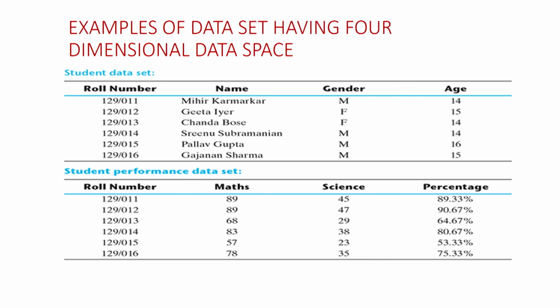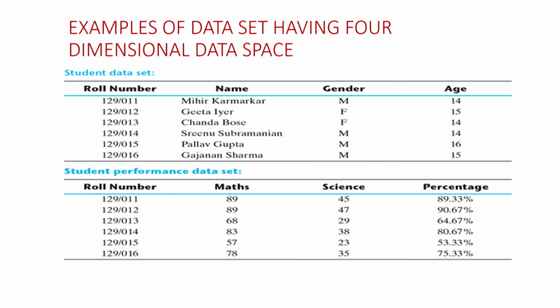This is an example of a student data set and a student performance data set. So, here in both of these data sets we have 4 features. In the student data set, the first feature is roll number, another feature is name, then gender and age. In the student performance data set, we have roll number, math, science, percentage.